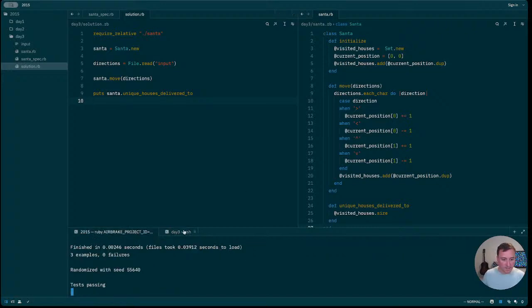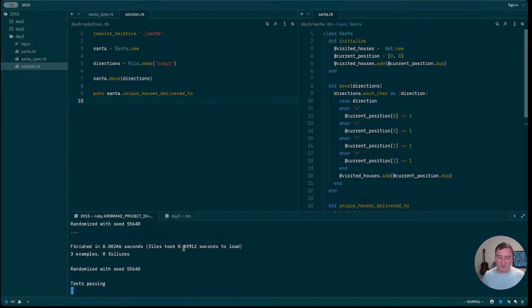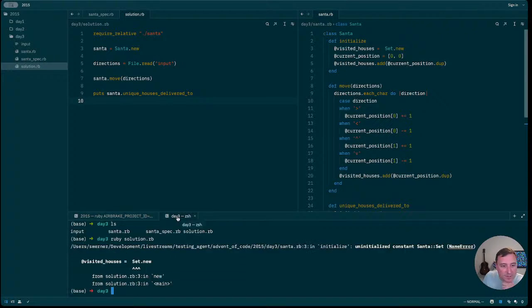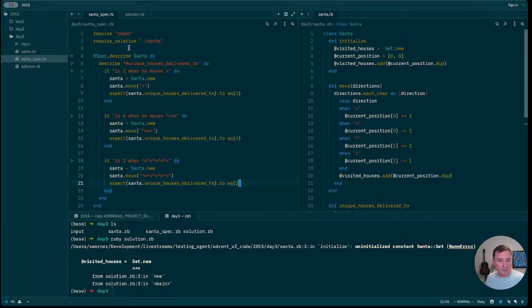Why would the tests pass and the test pass in this solution.rb not initialize constant Santa set? The spec, it did work.